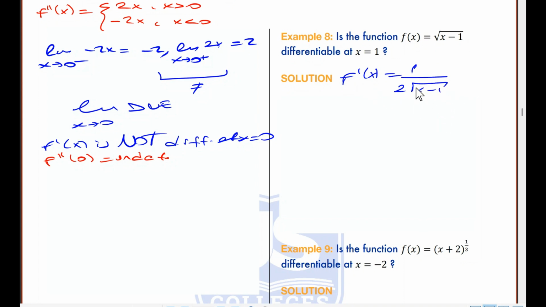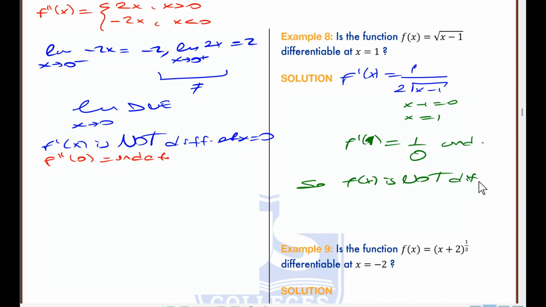Now, is this function defined at 1? It's a rational expression now. Look at the denominator. What makes the denominator 0? When x minus 1 is 0, the denominator is 0. So the derivative is undefined. F prime of 1 is undefined, so f of x is not differentiable at x equals 1.